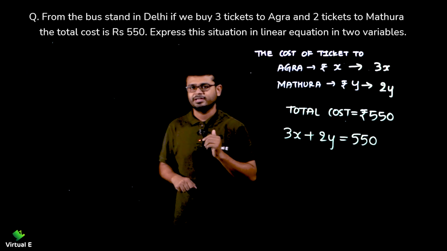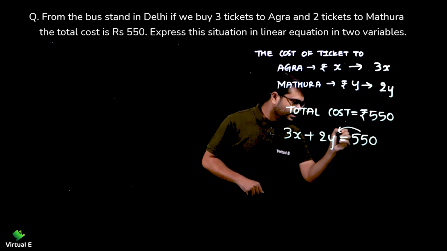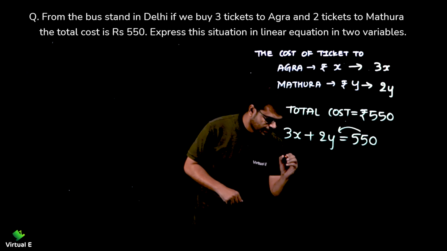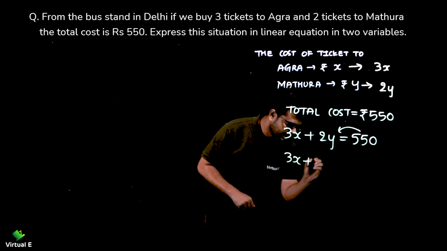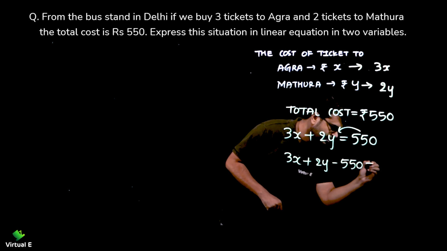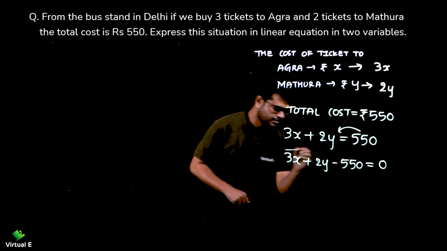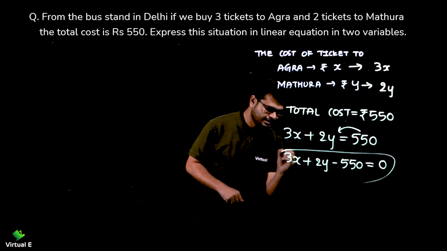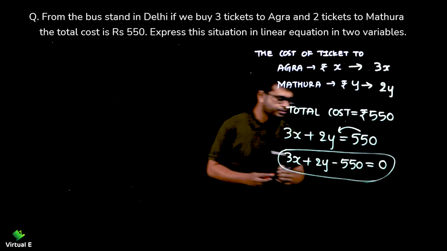Now convert into the standard form. For that, shift 550 over here. That is 3x plus 2y minus 550 is equal to 0. So this is the linear equation that expresses our question.